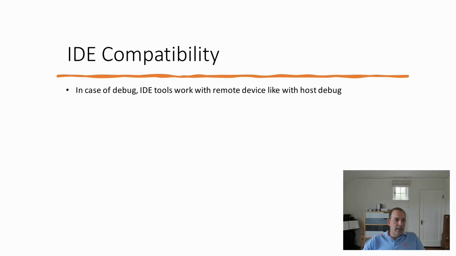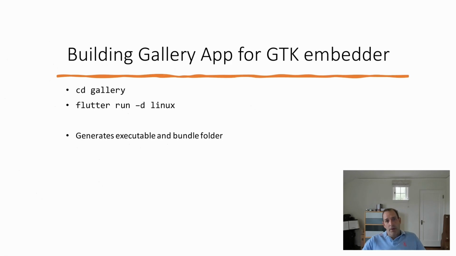I'll walk through a GTK Gallery scenario, and the point of this is to contrast the Flutter-auto Gallery walkthrough. So we're going to compare and contrast starting with the GTK. So first we cd into the gallery folder, we flutter run -d linux.